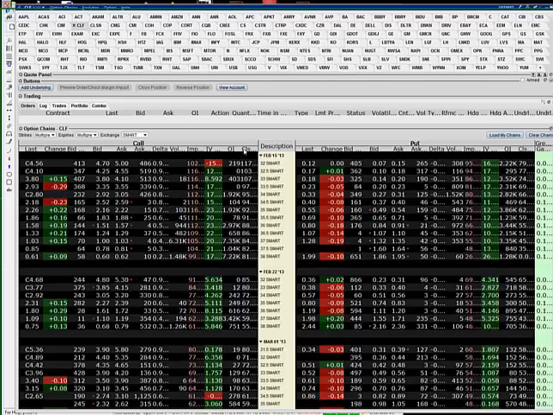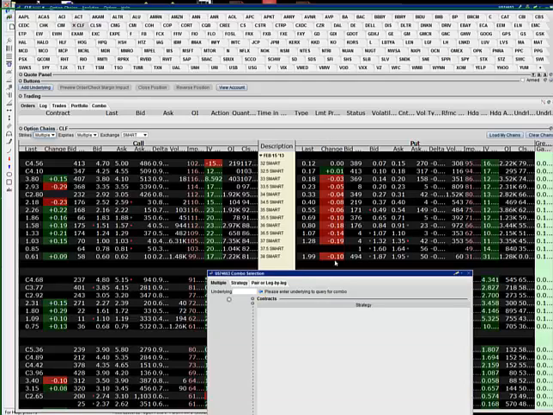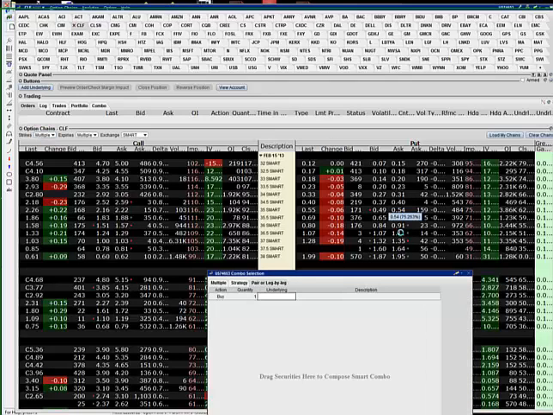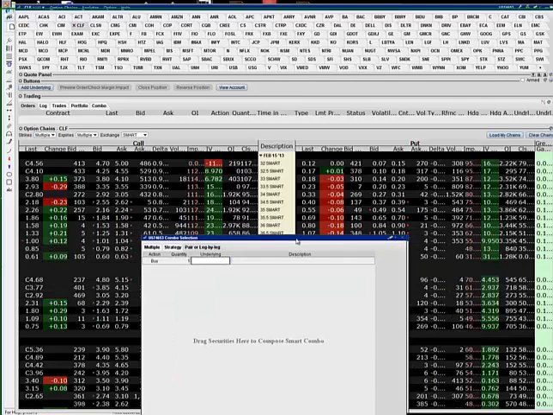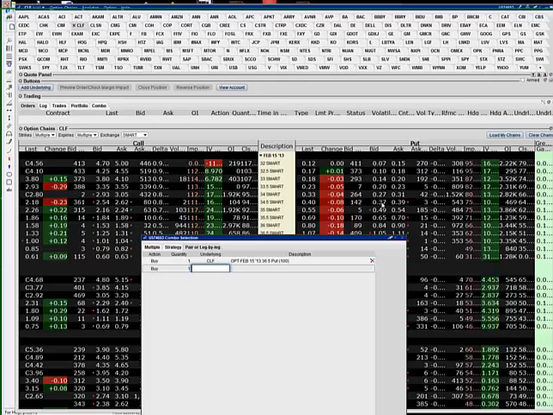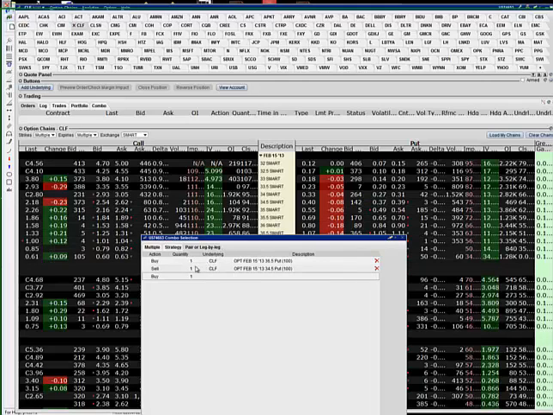Okay, so I'm going to be looking at maybe the 36.5, 34.5, 32.5 put fly. So let me look at this. Buying the 36.5 puts, selling twice as many 34.5 puts, and then buying the 32.5 puts.